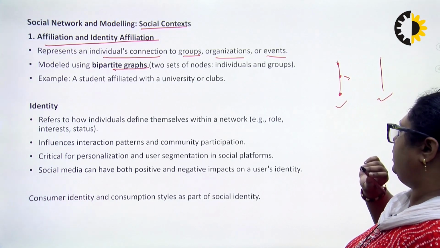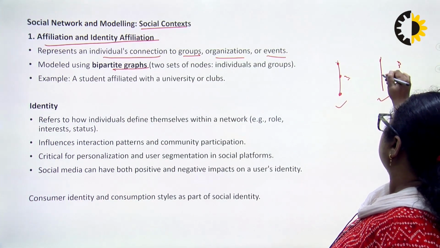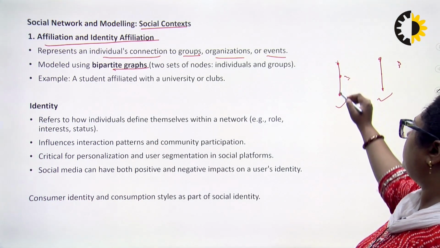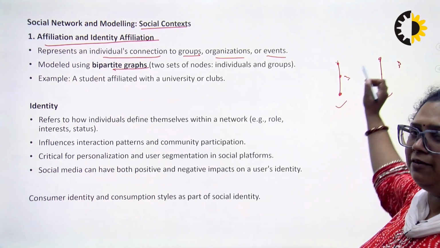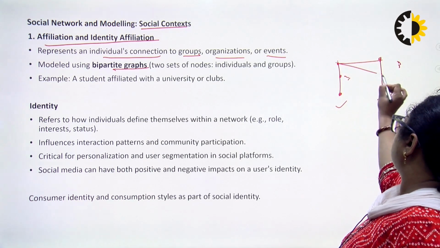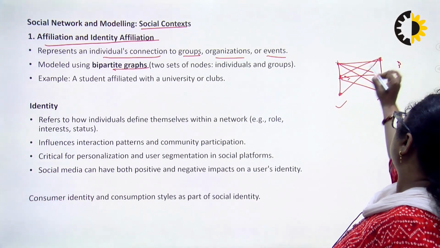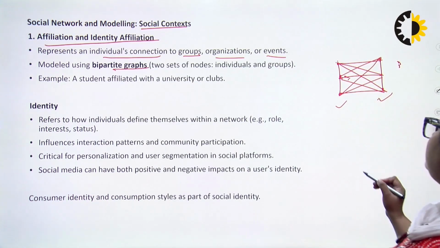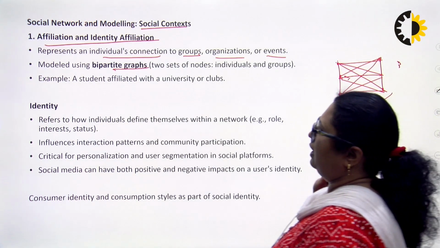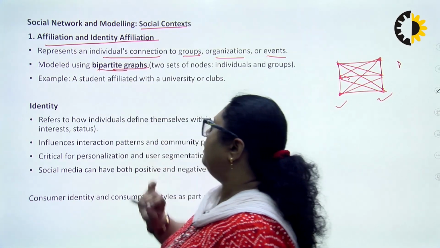In one zone we have three entities, and in the second zone we have another three entities. A bipartite graph says that all the entities of zone 1 must be connected to all the entities of zone 2. This is the representation of a bipartite graph. So this affiliation network or identity affiliation is modeled by a bipartite graph.